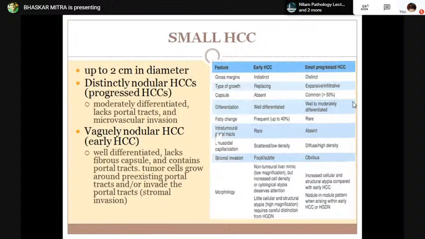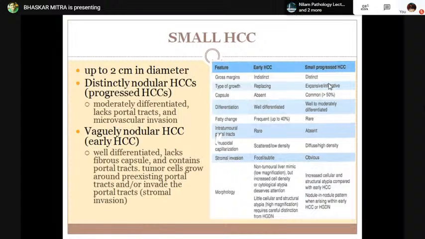Once it's early, it has an indistinct margin. As it progresses, it will have a distinct margin. Just remember like this: if it's an early lesion, you hesitate to call it malignant or non-malignant or dysplastic, so the margins will be indistinct. You cannot separate it out. Once it has progressed, we can separate it out.